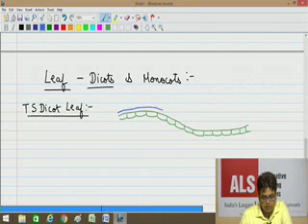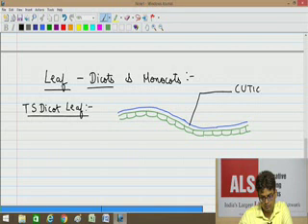This layer I am drawing is the cuticle. Cuticle. Now, just below this are going to be a very huge number of cells.